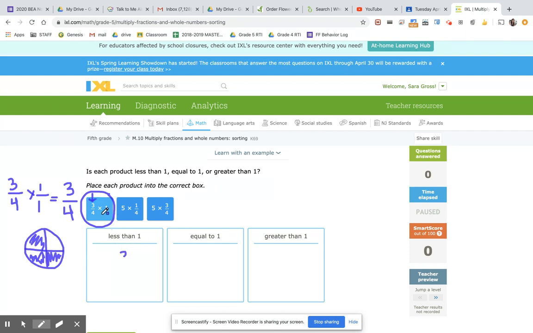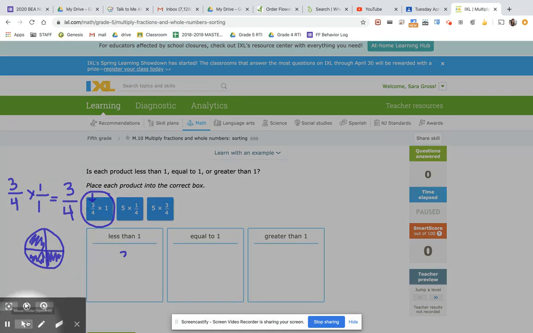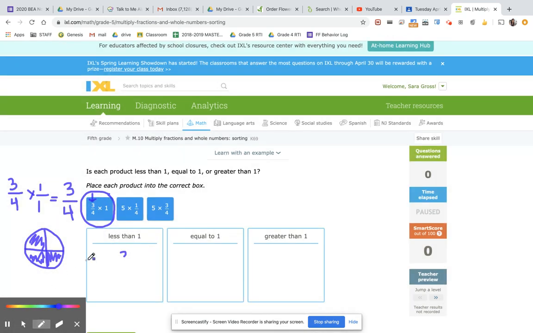So I would drag that down to here. That's 3/4 times 1. That product is less than 1.